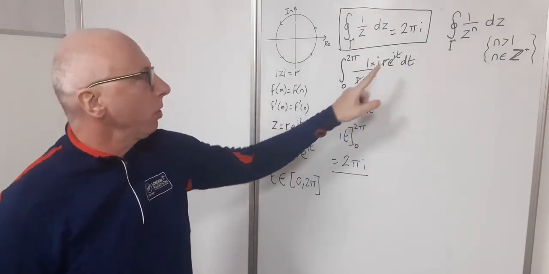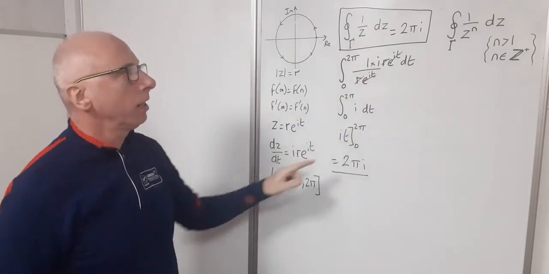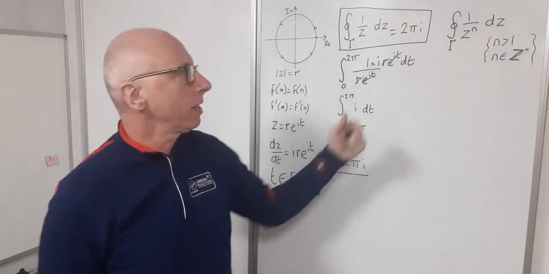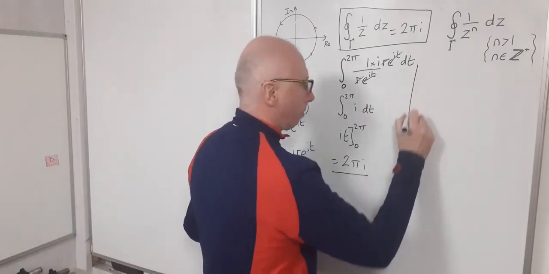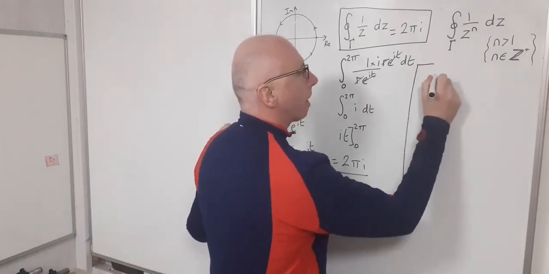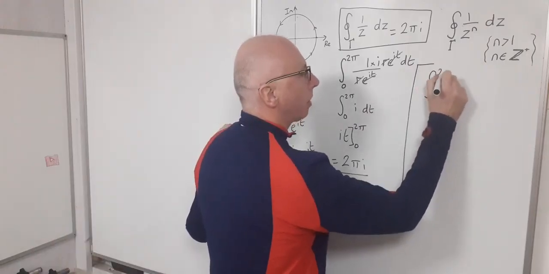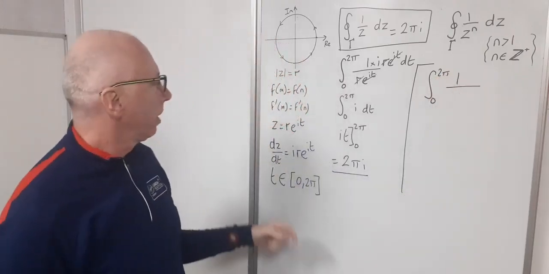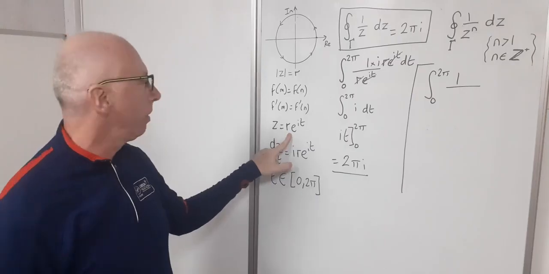Okay, so we can use this information in here and use it as our parameterization substitution into here. So let's take care of that. Let's just put a line through this one. And now we've got the integral from 0 to 2 pi, 1 over z to the n. Now we've got to raise this to the power of n.